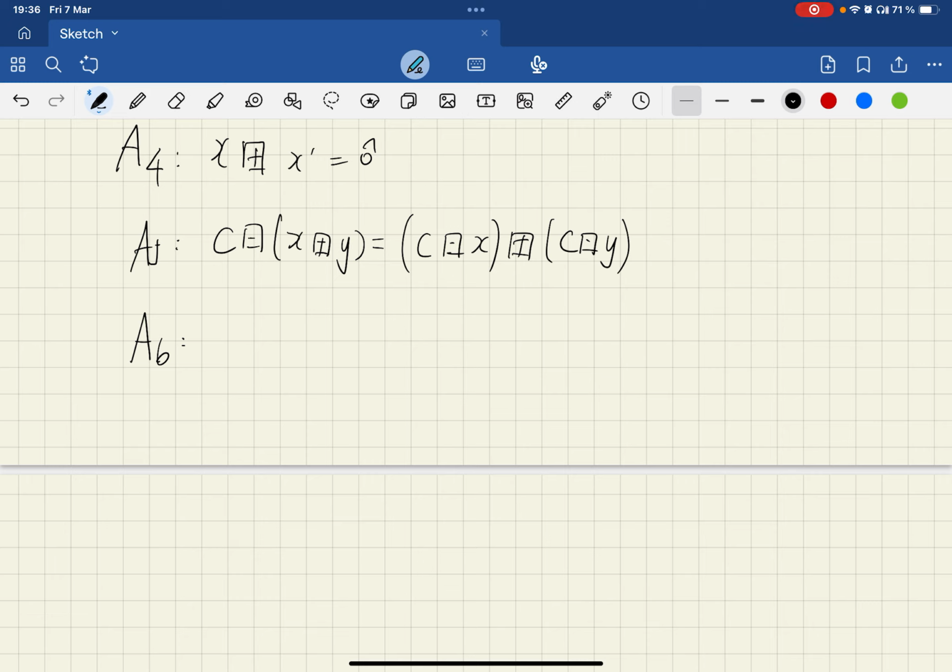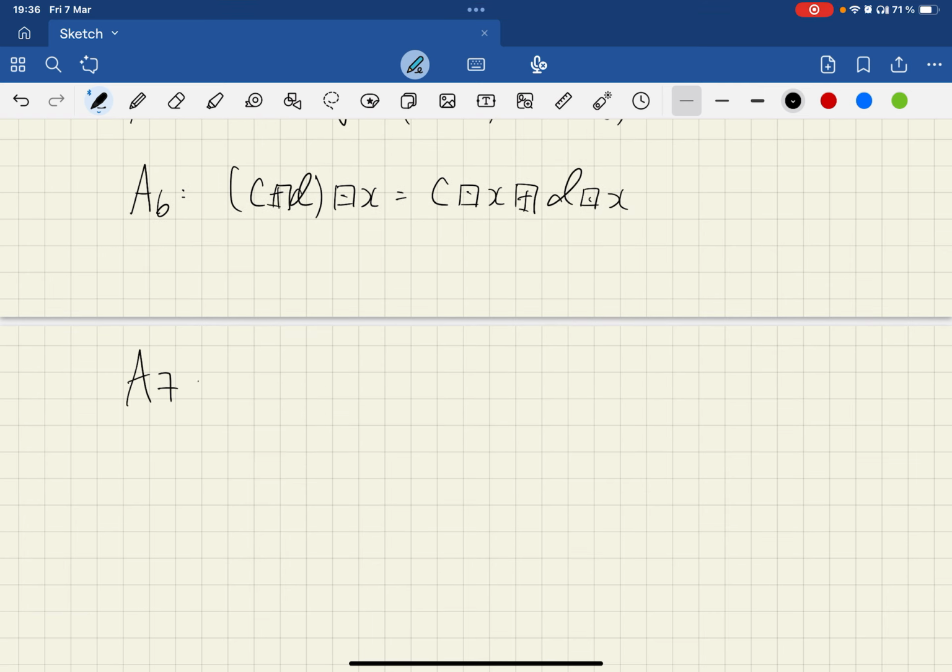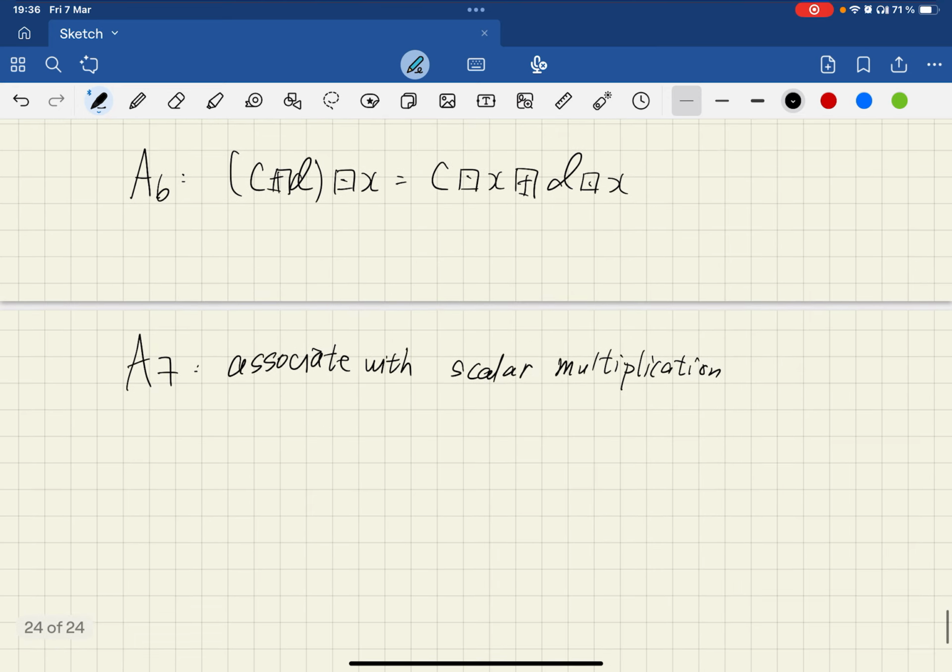A6 is distributive scalar multiplication, like (C plus D) times X equals C times X plus D times X. A7 is associative, where we have CD times X equals C times (D times X).